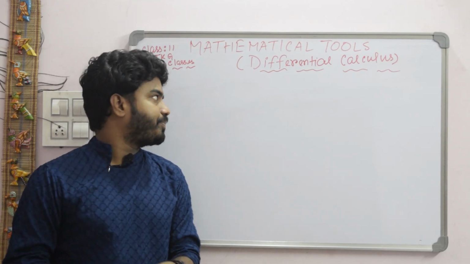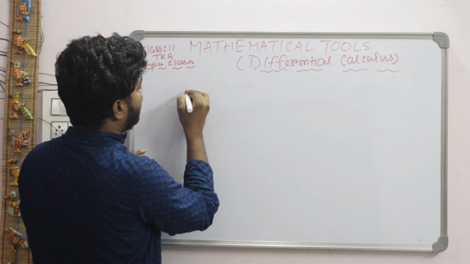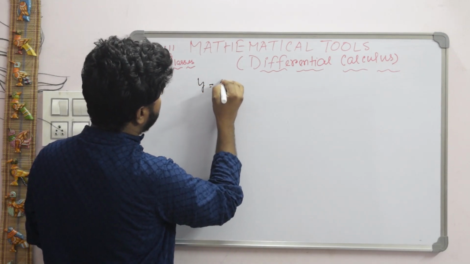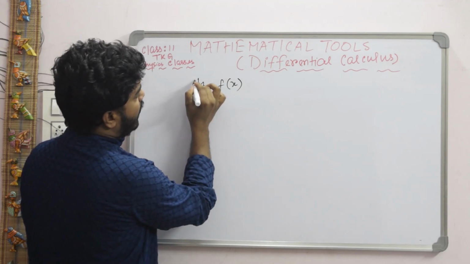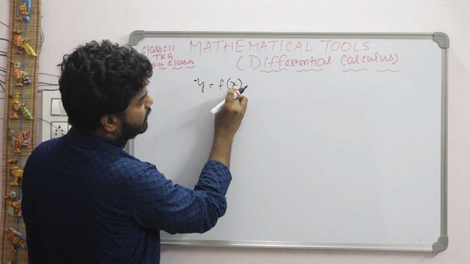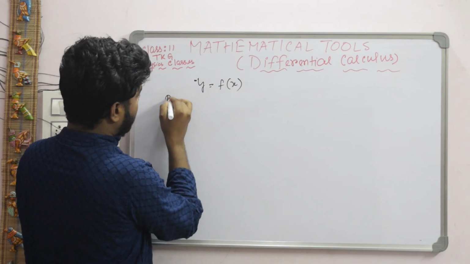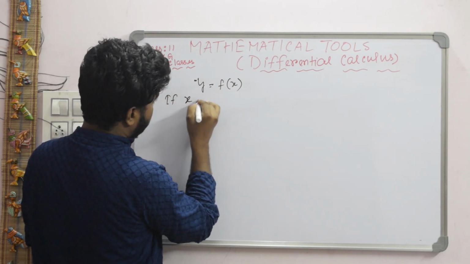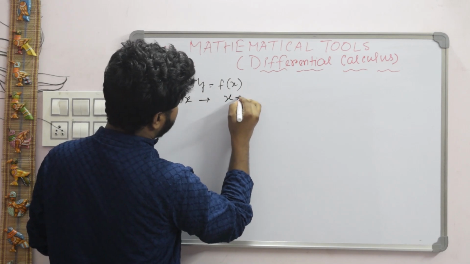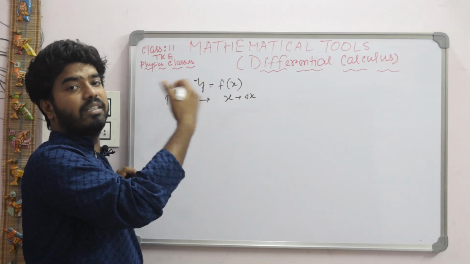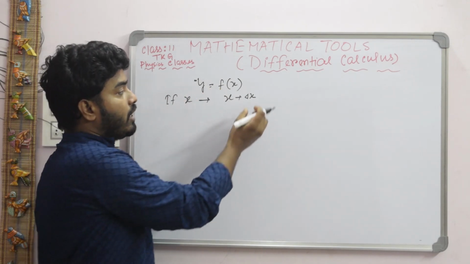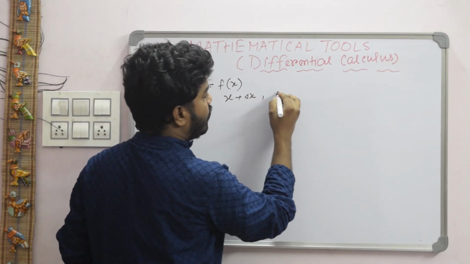So suppose y is a function of x, that means y depends upon x. Now if I say x changes to x plus del x, that means the value of x increases, and by how much amount? That is del x. Here what is del x?